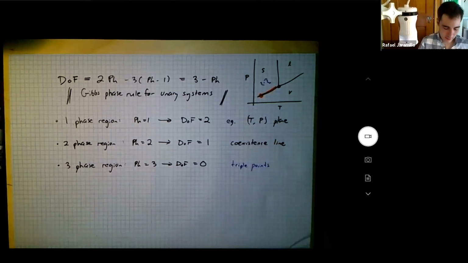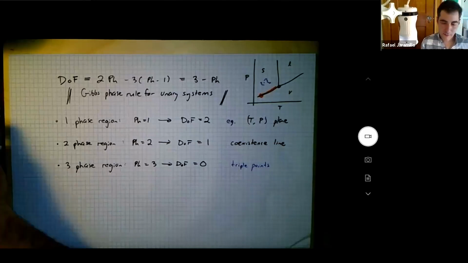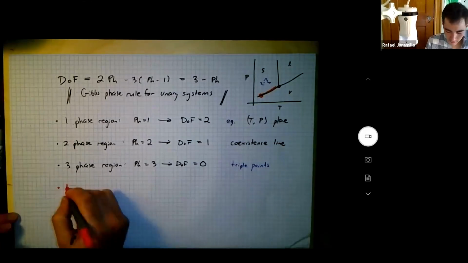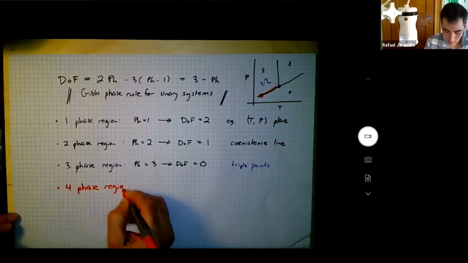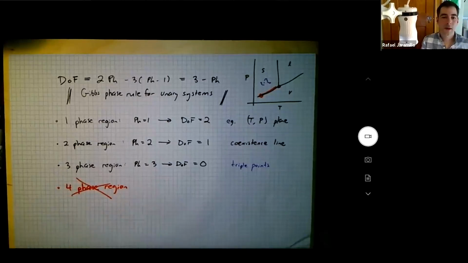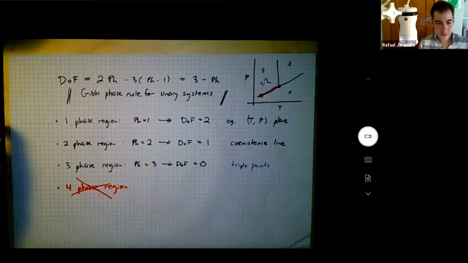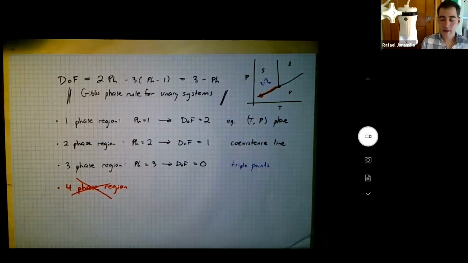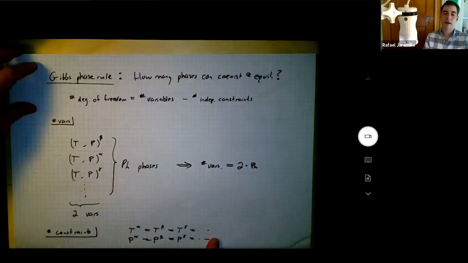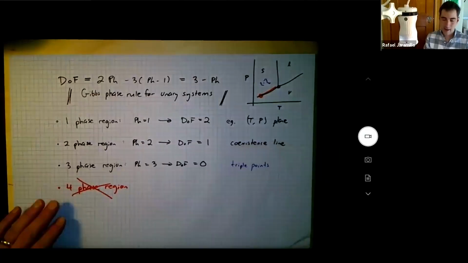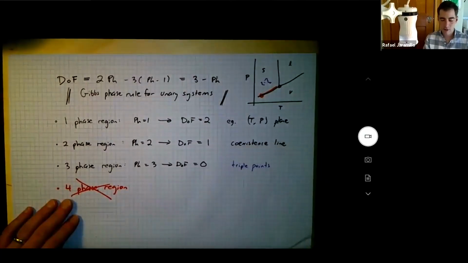And it comes out of this relatively simple linear algebra approach. And a 4 phase region: not allowed. So from thinking about the number of independent variables in a unary system, that is pressure and temperature, and deriving the conditions for equilibrium, which you'll recall came from the entropy max condition, we have arrived at a pretty strict set of rules.